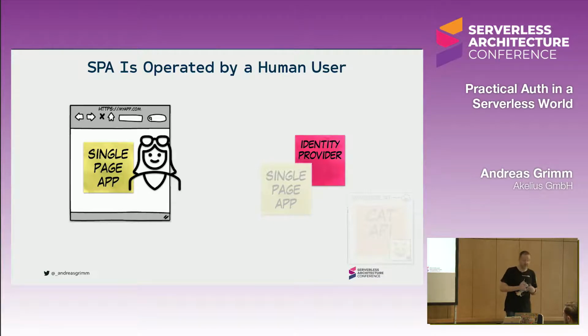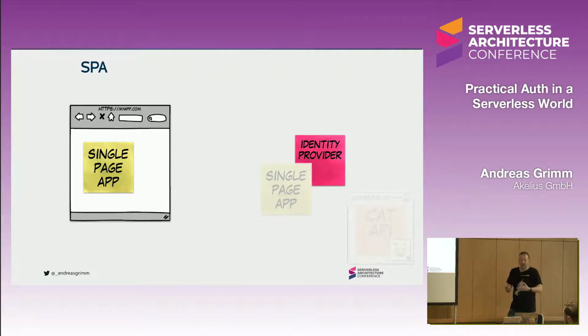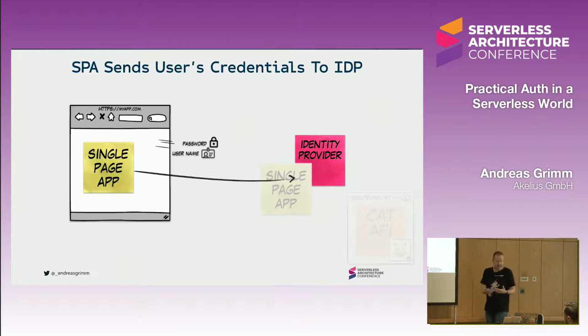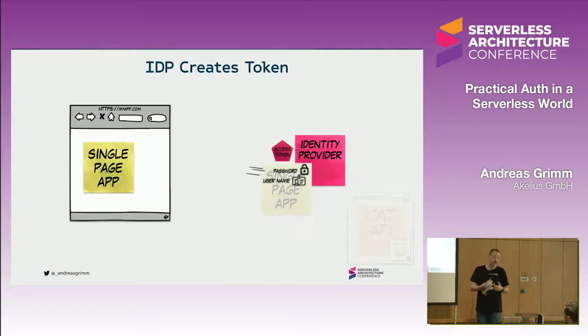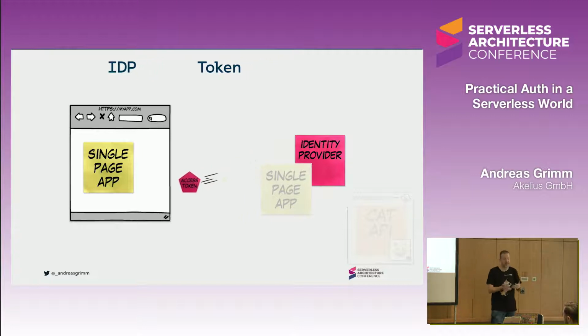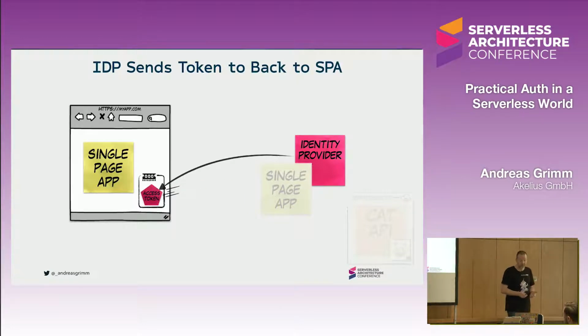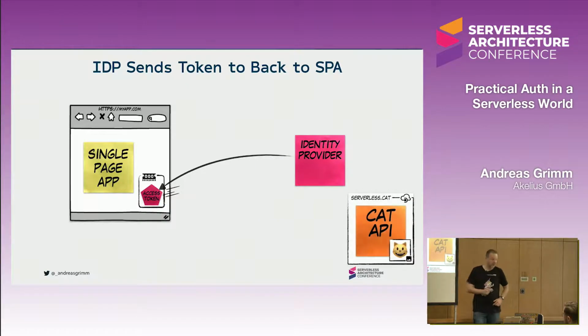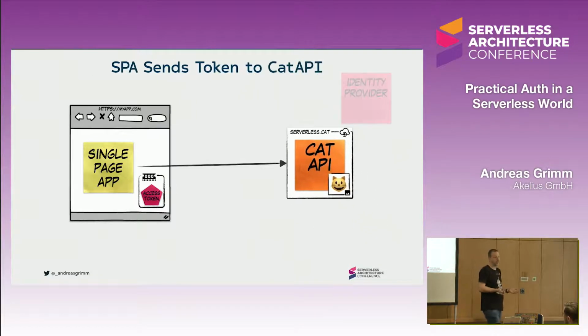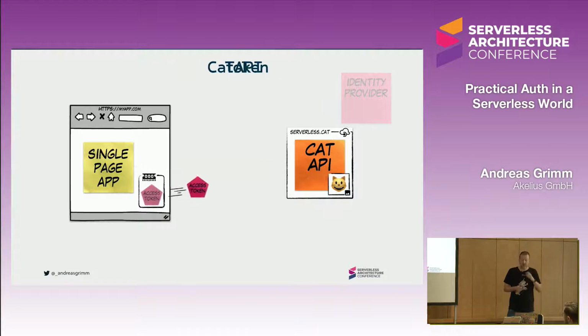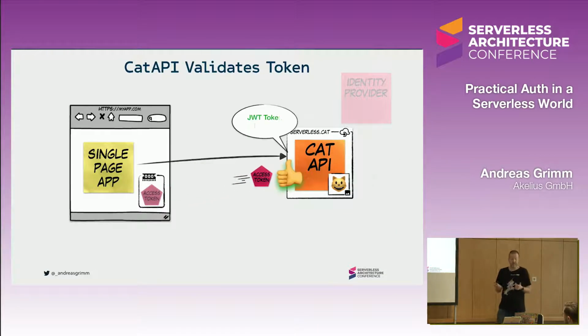And in this case, a human would sit in front of this application and during the login phase, specify the password and the username at the identity provider, and our app gets back a token. And this is exactly what we wanted, because then we can send this token to the API, which then should say, alrighty, this is a valid token.